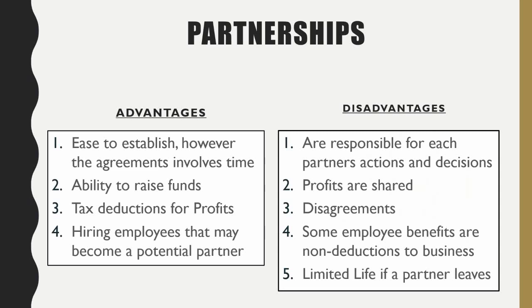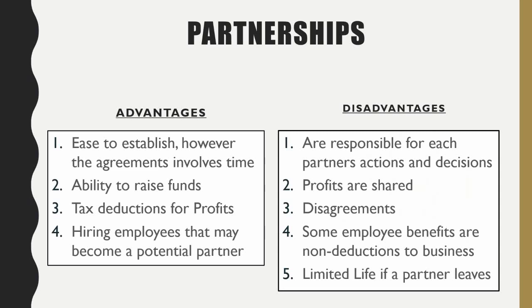And both partners must agree on something to make it legally binding, right? So a lot of disagreements can happen, especially if one partner has a certain idea and the other partner has another idea, and those two ideas are not the same idea. It can cause a lot of disputes and things like that.